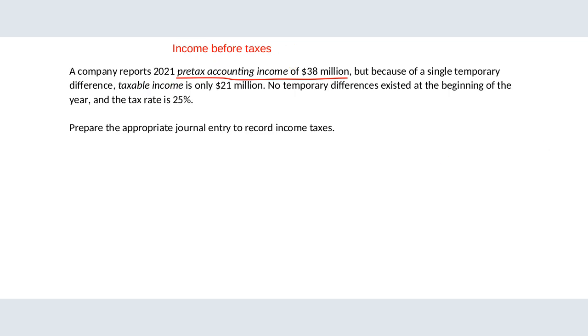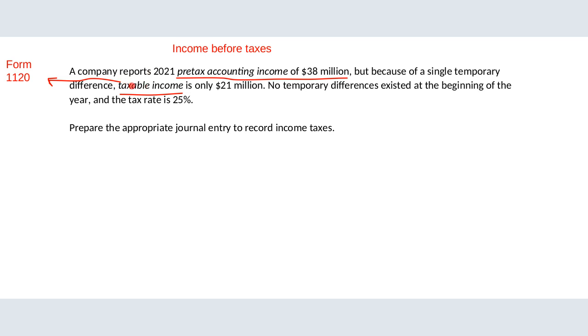We're also given information regarding taxable income. Taxable income, as we said, comes from the tax return. Since we're talking about a corporation, corporations file Form 1120. On that 1120, we have taxable income. In the income taxation course, we've been covering the individual income tax formula.